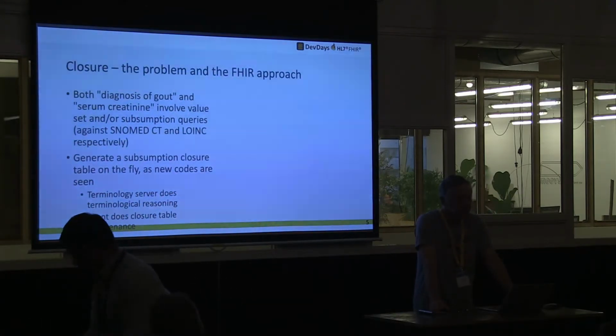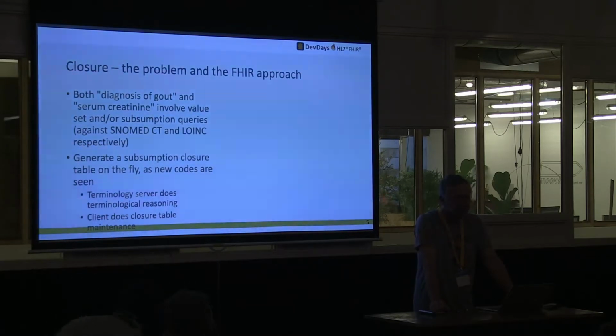We don't necessarily need every pathway that exists in SNOMED CT to do our decision support or something like that. So we might be able to be a little more parsimonious about it, and that's what we're trying to do here.